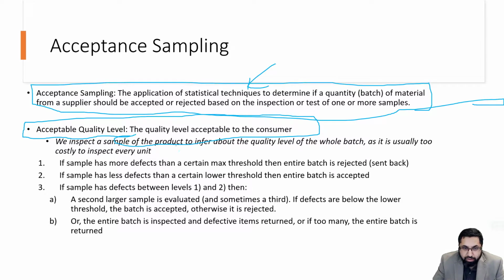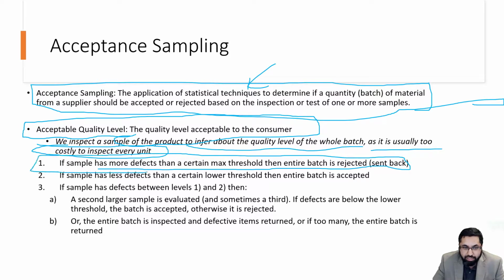So how does this work? You inspect a sample of the product to infer about the quality of a whole batch, as it is usually too costly to inspect every single unit. If the sample has more defects than a max threshold level, then the entire batch is rejected and we do not ship it out or pass it on to the next customer. If the sample has fewer defects than a certain lower threshold, then the entire batch is accepted, because we're saying the defect rate is low enough.